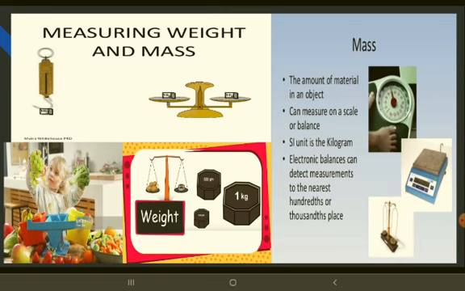See, length is meter, capacity is liter, mass is gram or kilogram. These are the measures of mass. First one measure of length, second measure of capacity, third measure of mass.